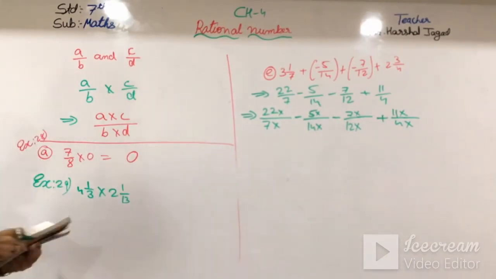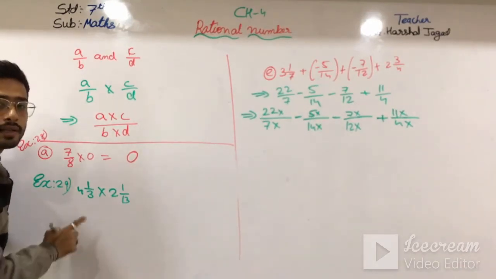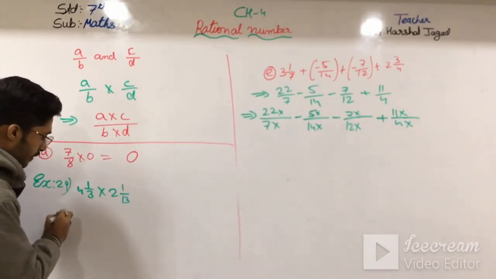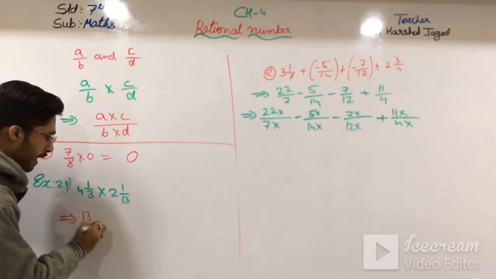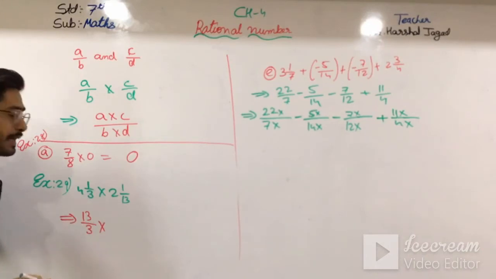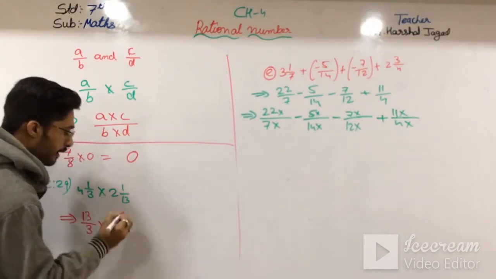Let us see what answer we will get. First of all, we have to convert this mixed fraction into an improper fraction. 4 3s are 12, 12 plus 1, 13 by 3, into 13 2s are 26, 26 plus 1, 27 by 13.